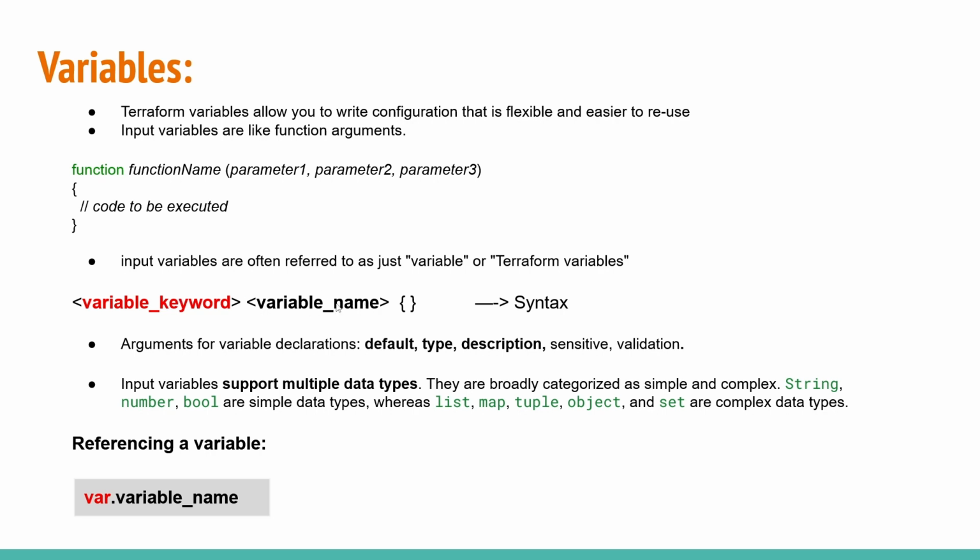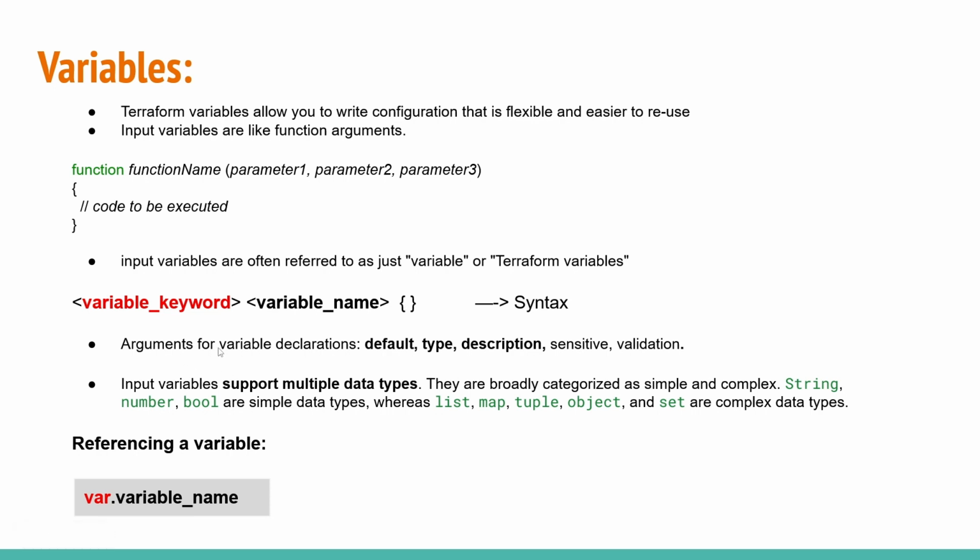And for the variable name you can give anything, like AWS subnet, AWS S3 bucket, EC2 instance, availability zone, something like that. In the curly bracket you need to define the arguments.